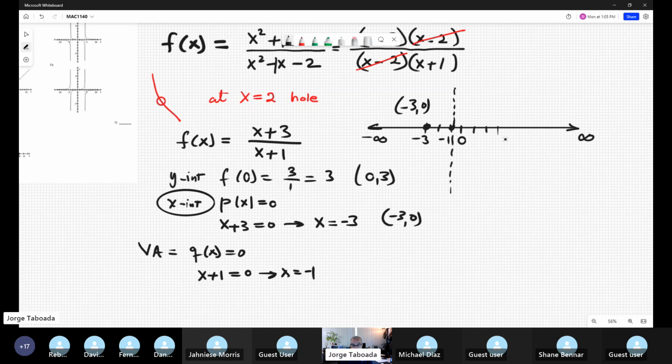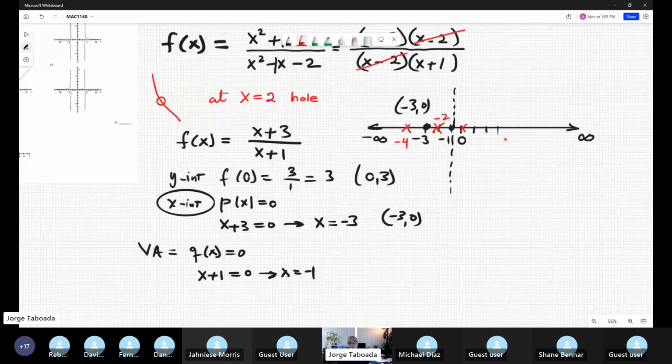If I need to select a totally arbitrary value, well, in between negative 3 and negative 1, I like negative 2. Before negative 3, maybe negative 4. After negative 1, maybe 0. Well, with 0 I already got 3. But suppose another, to complement more: 1, or 2, or 3, or 4, or 5.